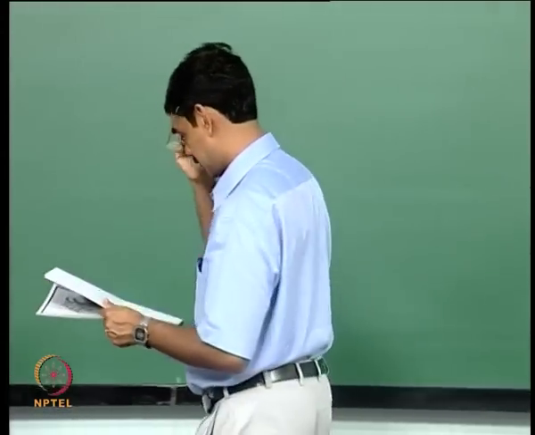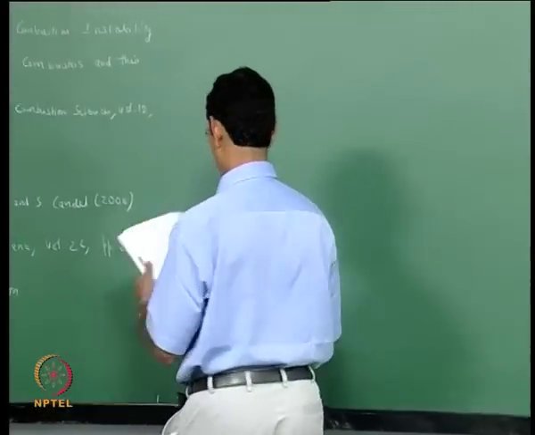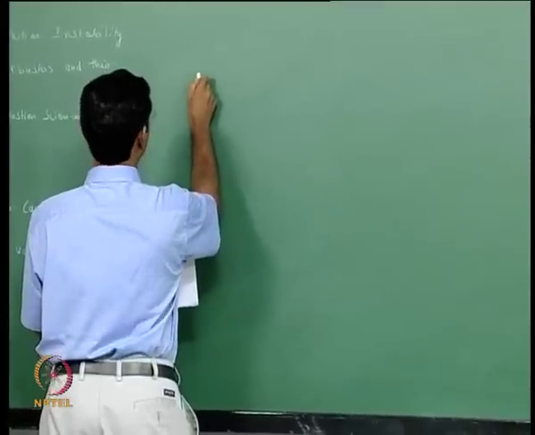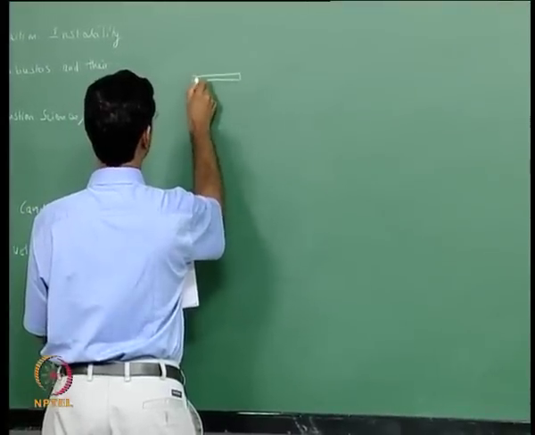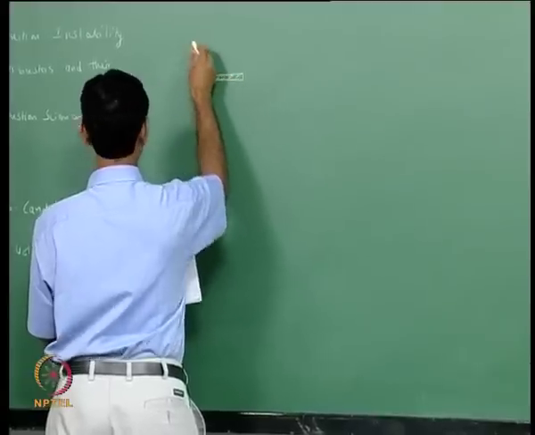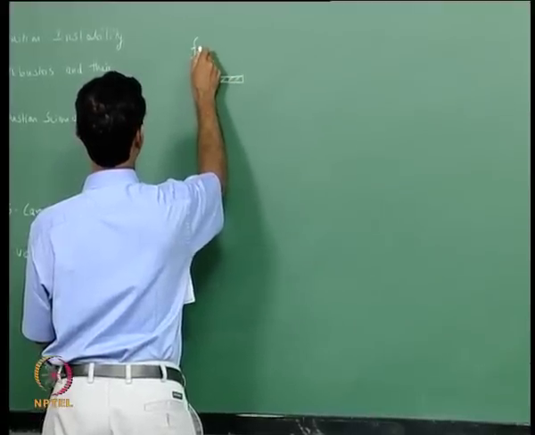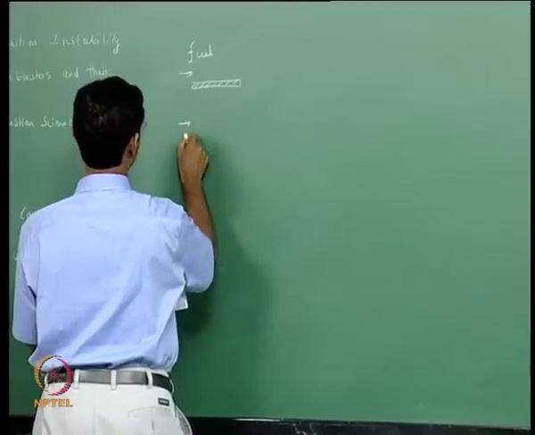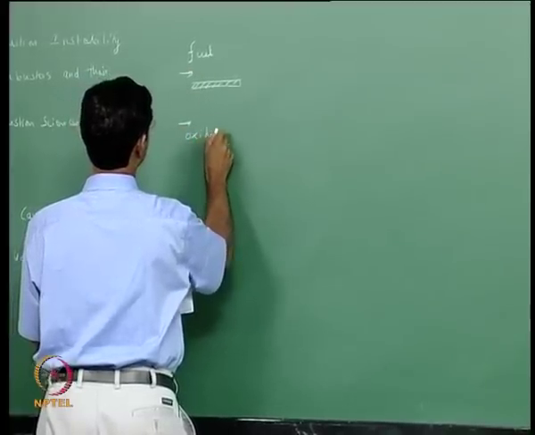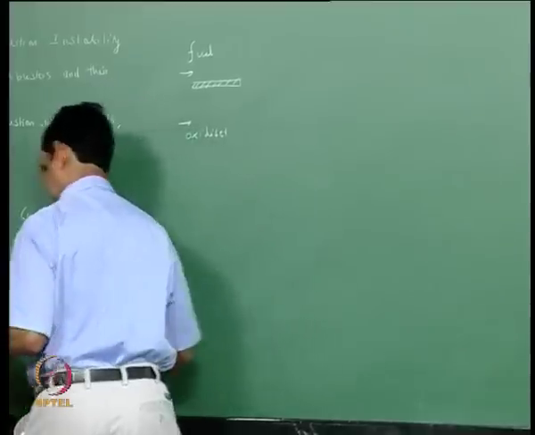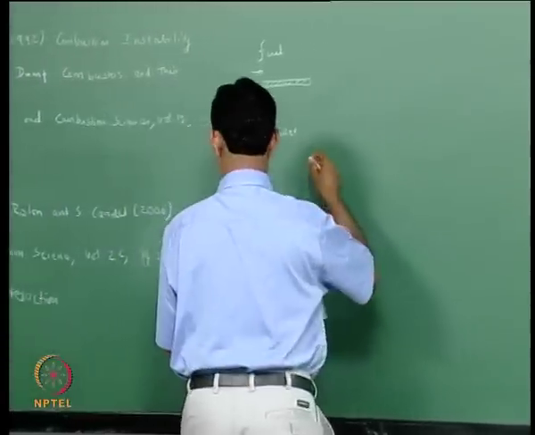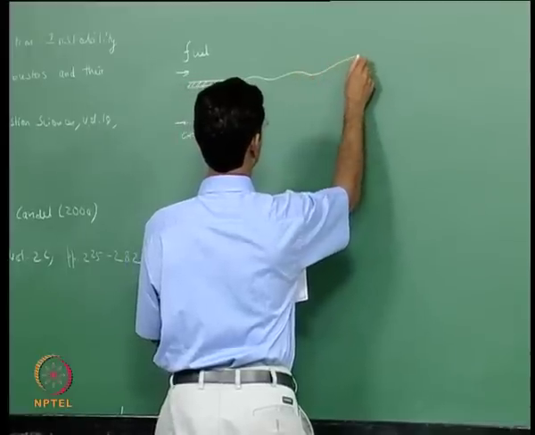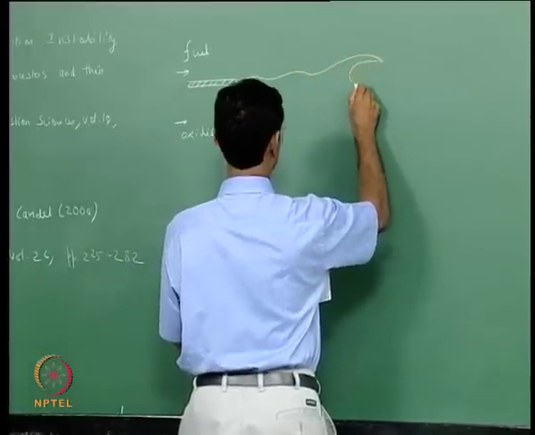So I will first draw a schematic or a cartoon of how a flame would look. Let's say there is a splitter plate here, and you have fuel coming from this side and oxidizer here, and you would have instability waves like this.